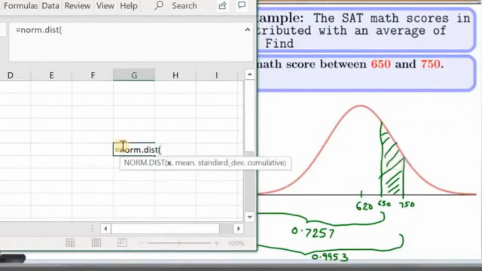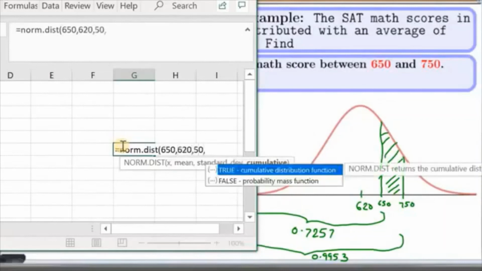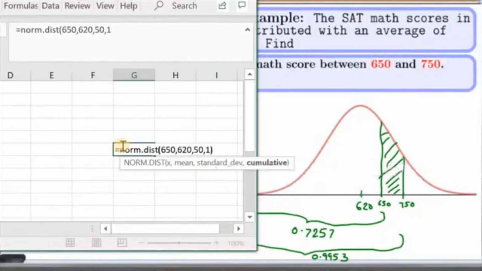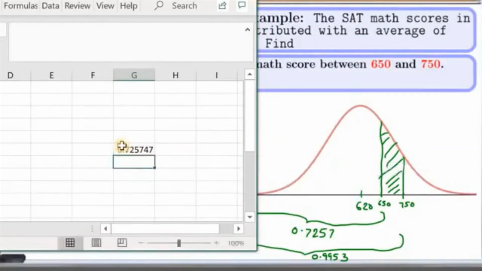Your x here is 650. Your mean is 620. Your standard deviation is 50, and then you can type either 1 or true, because here we are looking at the cumulative probability up to 650. So I'll just type 1 here. Then close your parentheses, then hit enter. So this is the area to the left of 650.